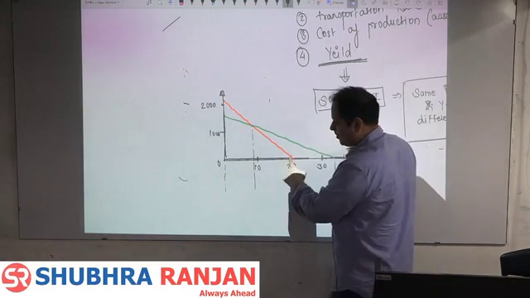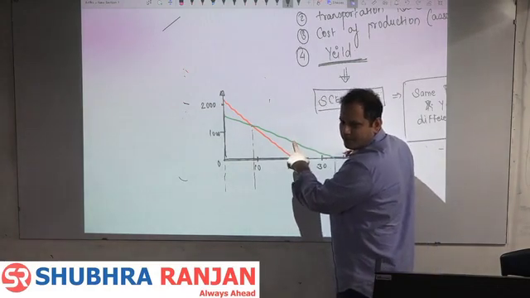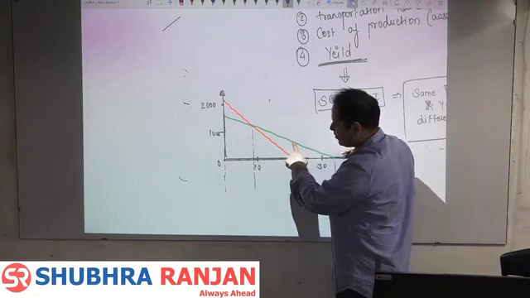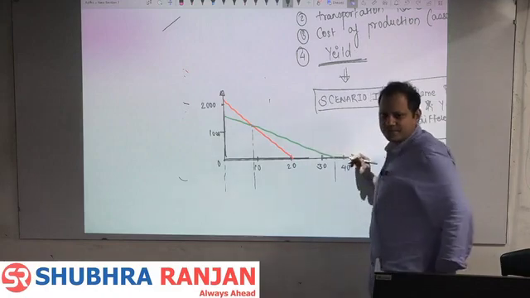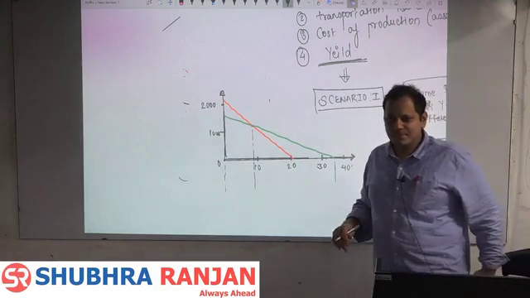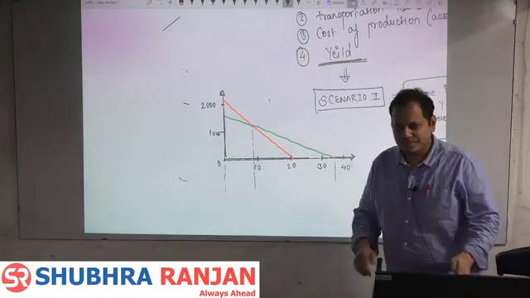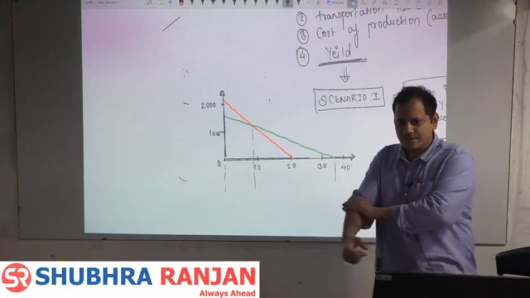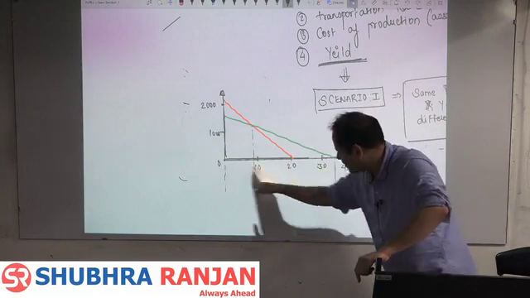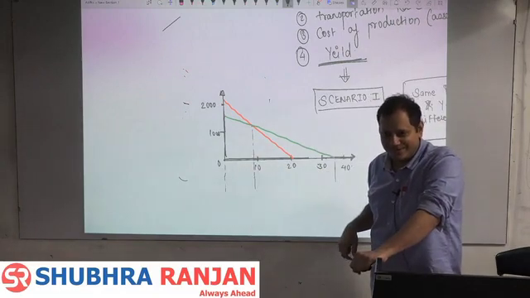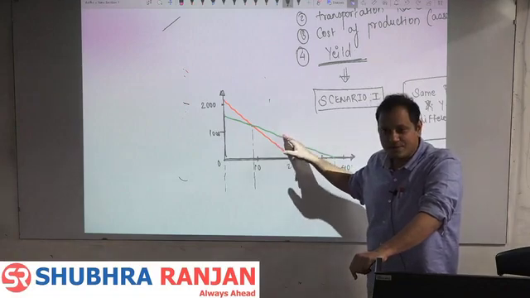If you are taking any crop, what you are going to take? The crop. Why? Because green color has more rate than this line. In the market, but your transportation cost is more. Yes, that is why two different crops, X and Y.